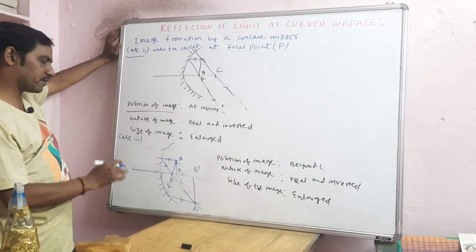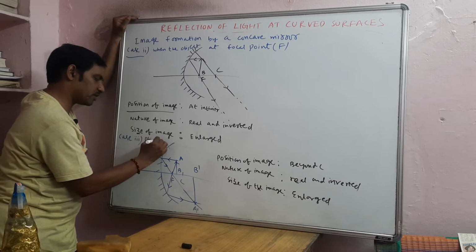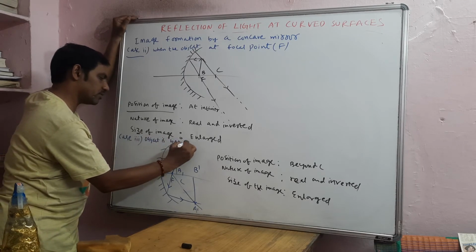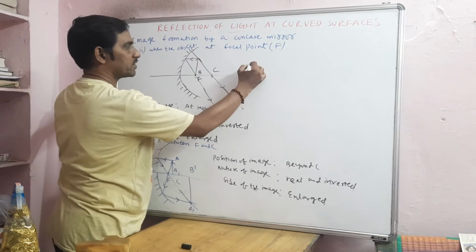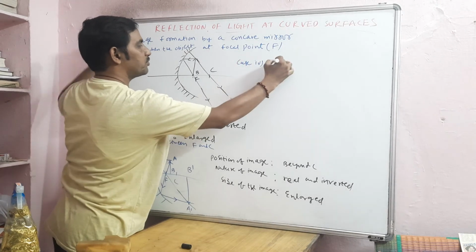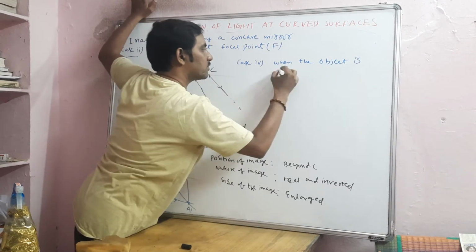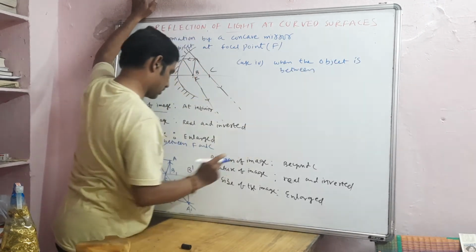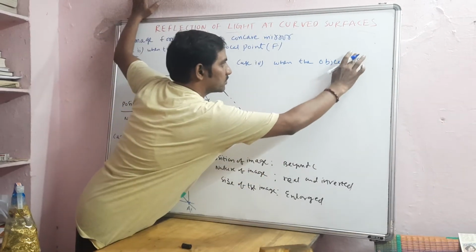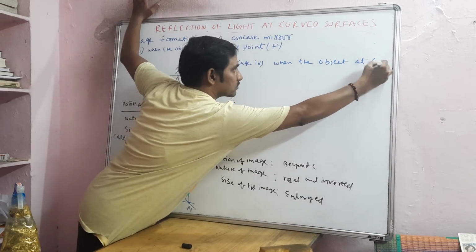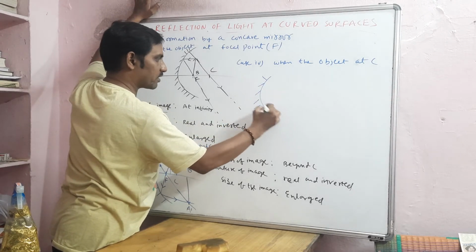The fourth case is when the object is at C. Take case 4, when the object is at C. In this case the image will be formed of the same size as the object.